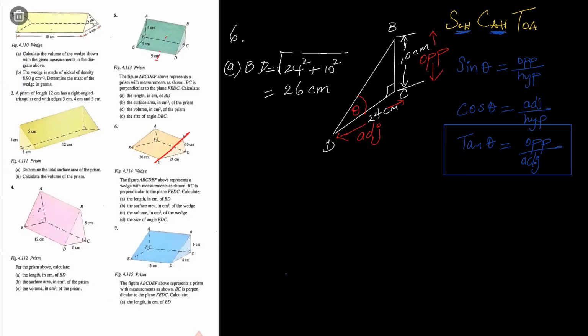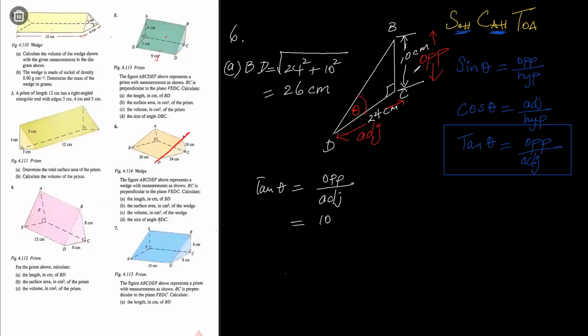All right, so we say tan theta is equal to the opposite side over the adjacent side, which is equal to opposite is 10.